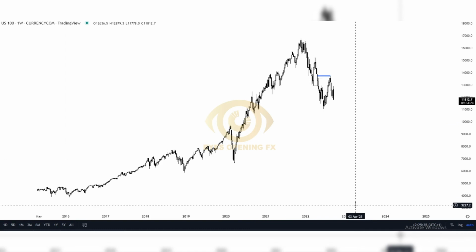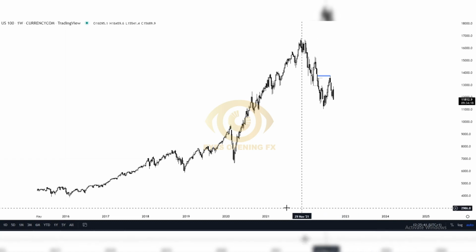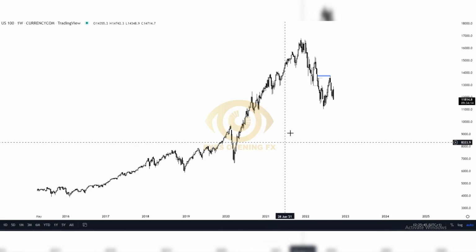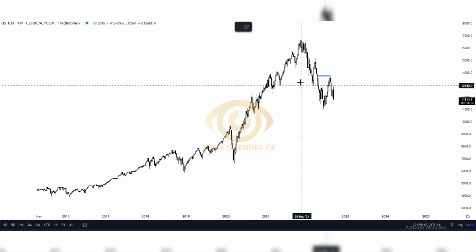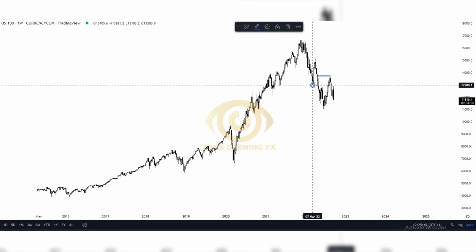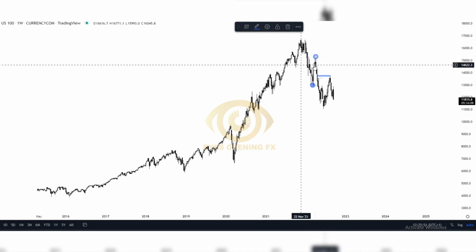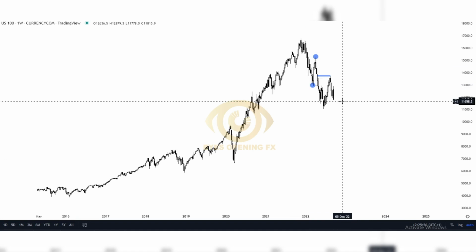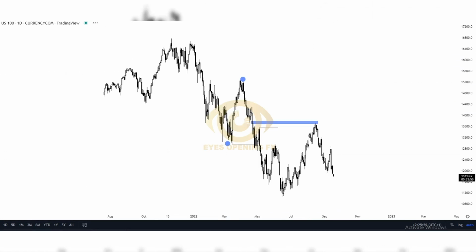So we have up to 3 time frames that are bearish now, which means we have a bearish order flow on this US 100 at the moment. Since we have a bearish order flow and our last structure range was a lower low and a lower high, what do we do with what we are seeing on the chart? We expect more bearish flow in the market.